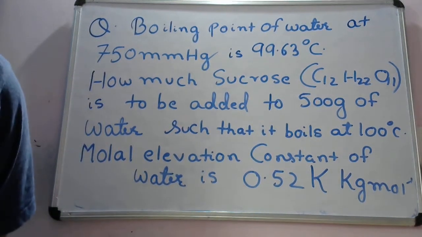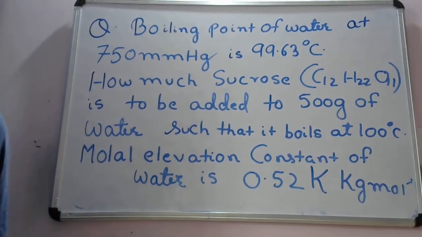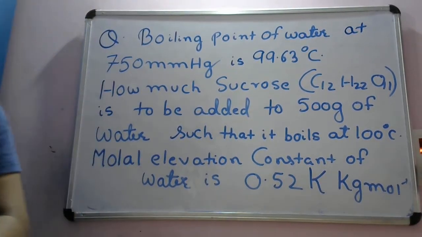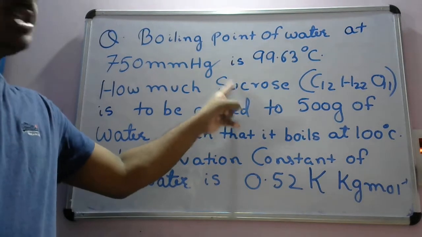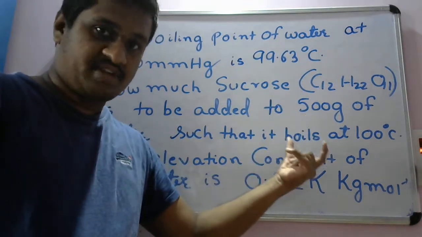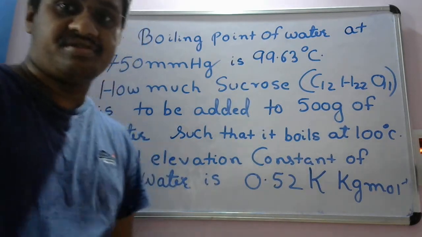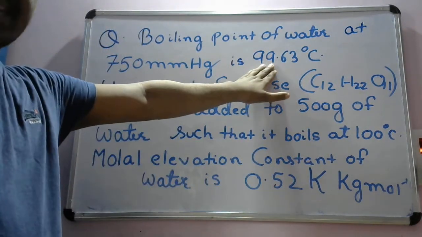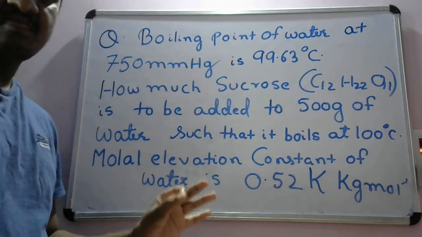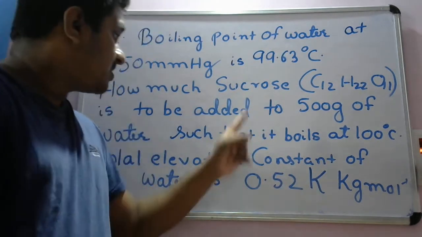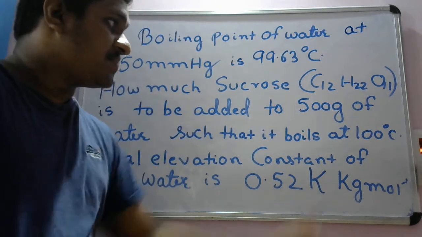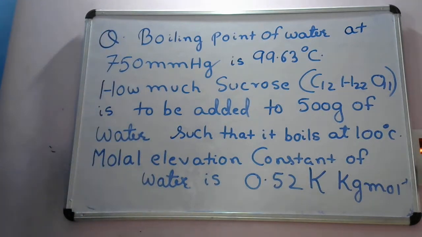It is already saying that after addition of sucrose, the boiling point of the solvent becomes 100 degrees Celsius. When no sucrose was added, the boiling point was 99.63 degrees Celsius. But when we added sucrose to the pure water, the boiling point becomes 100 degrees Celsius.